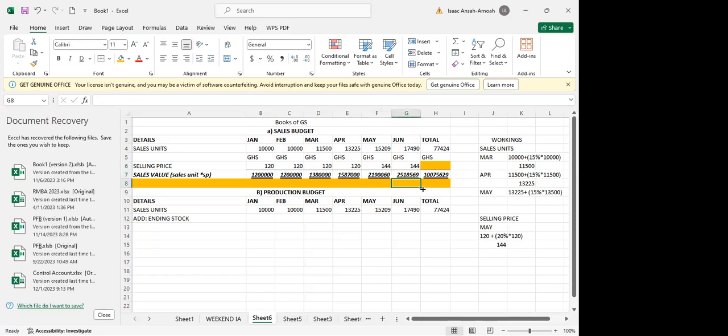I think it's dependent on your running. If you are running it, then the figures may change a little. But for me, because I'm using Excel, okay, let me hear you. 17,490 by 144 is 2,518,560.